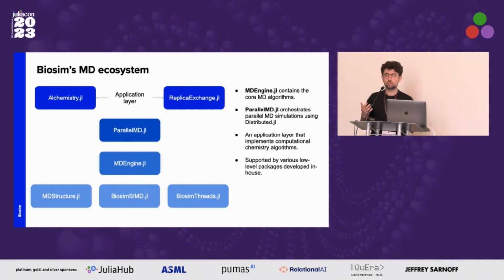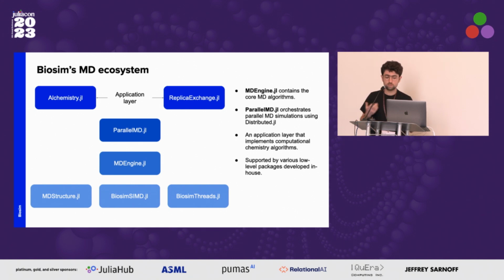These need to be coordinated, and they exchange information as they move in that simulation. So to facilitate all this process in this application layer, we've also implemented a package called ParallelMD, which uses Distributed.jl underneath to spin up individual molecular dynamics processes, coordinate them, and so on. So the application layer uses this package underneath.